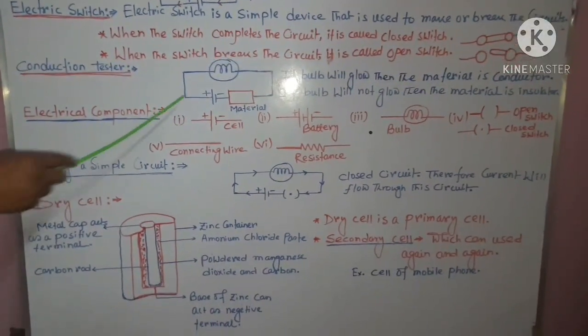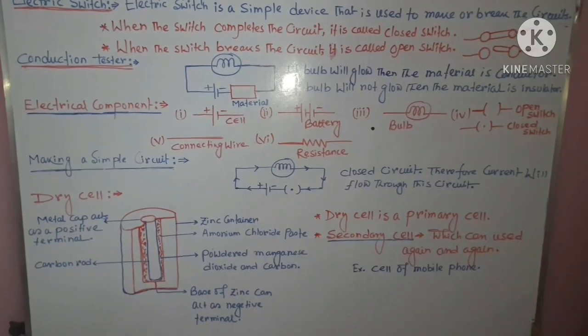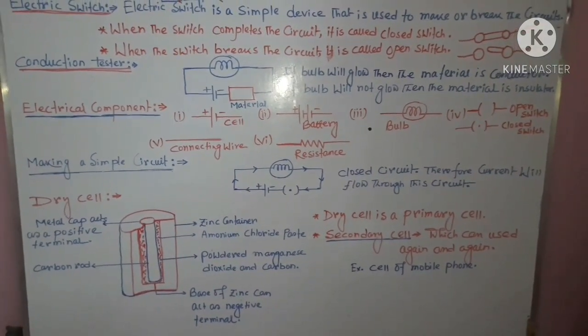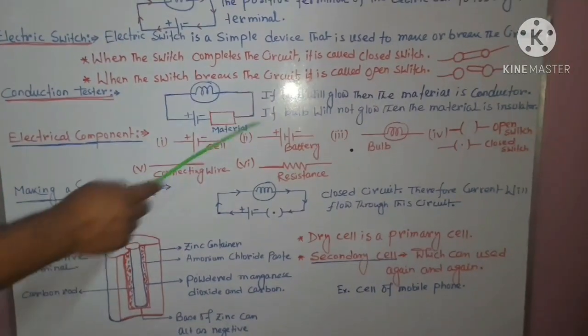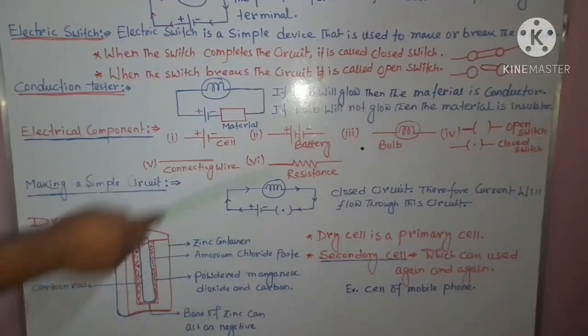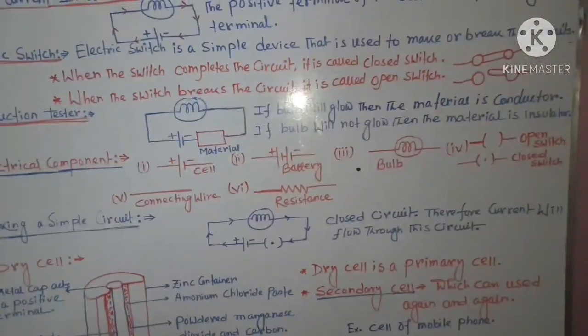But if the bulb does not glow, then you can say the material is an insulator. That's why I write, if the bulb glows, the material is a conductor. If the bulb does not glow, the material is an insulator.